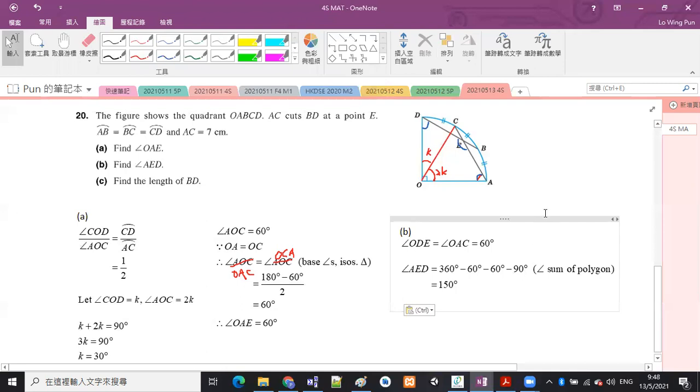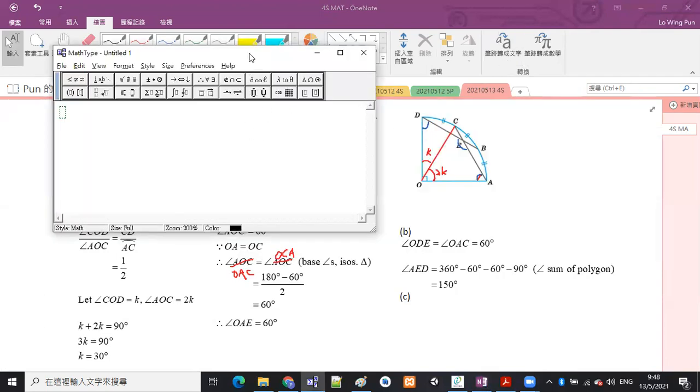Is that okay? Then in part C, to find the length of BD, we have the length of AC being 7 cm. That is very easy. Just one line rule. Part C. Because we have arc AC is equal to arc BD.